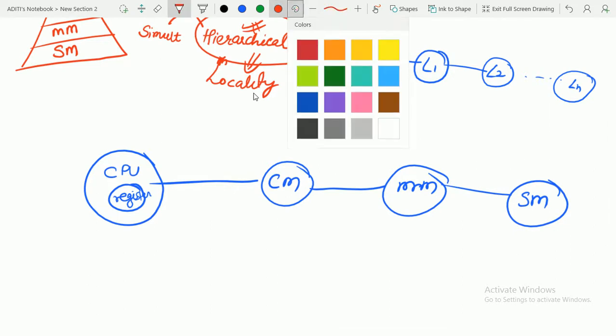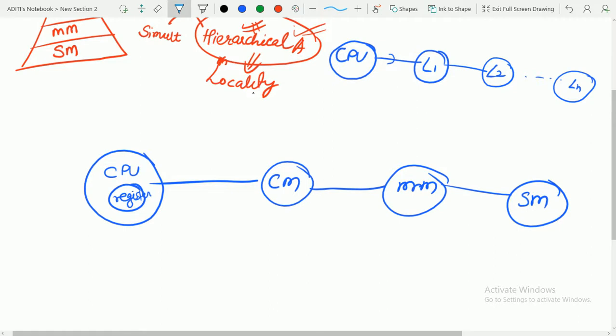Then the next thing we need to visualize is what type of data is called what here. For the naming concept, in order to understand clearly, the data is named accordingly. When the data comes from cache memory to the CPU, it is known as words.